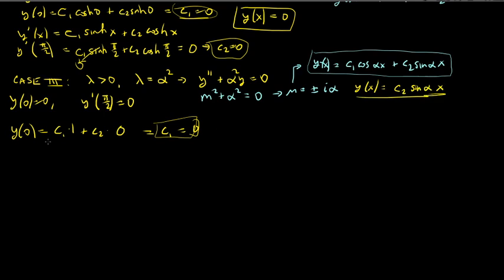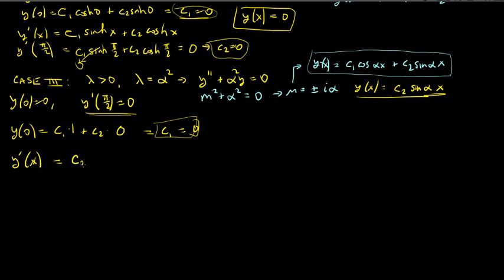Okay, so how do we find c2? Well, we're going to plug into the derivative. We should take the derivative, of course, y prime of x. It's going to be c2 times the cosine of alpha x times alpha, chain rule.